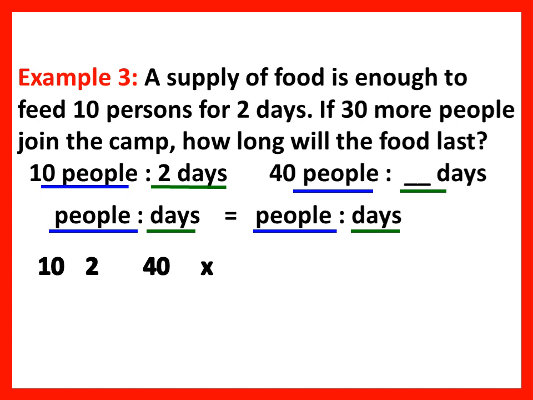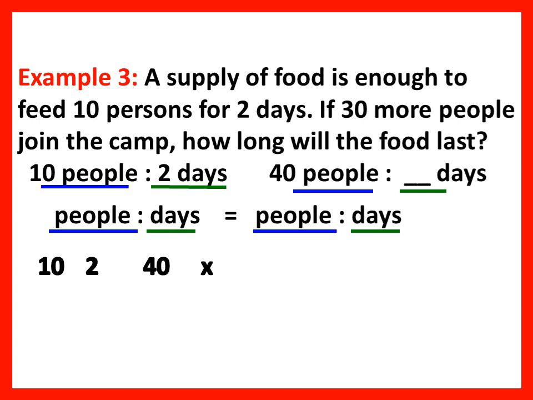So let us analyze. For 10 people, they will be sharing the food for 2 days. But 10 people will increase. It will become 40 people. So will the food last longer than 2 days or shorter than 2 days?